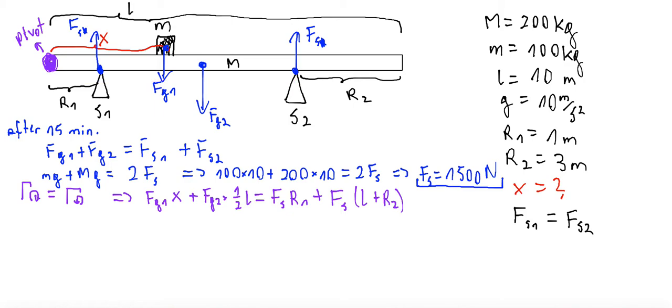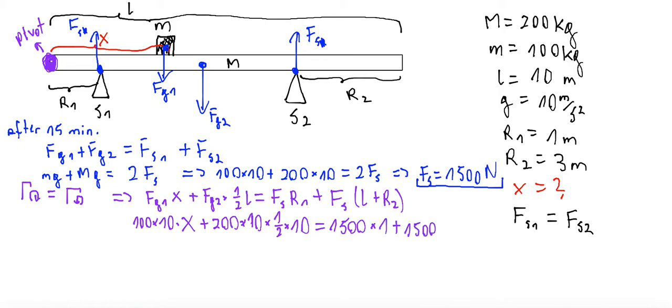So there is only one unknown in this exercise, x, because Fg1 is given. Fg1 is 100 times 10 times x, of course, plus Fg2, which is also given, is 200 times 10 times half of the length, is equal to support 1, which is 1500, we've calculated this here, and a distance of r1, which is 1 meter, plus support 2, 1500.